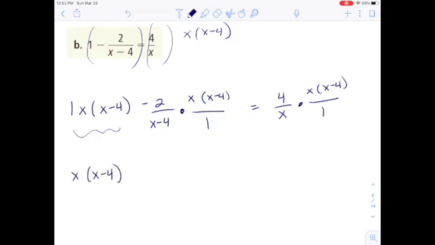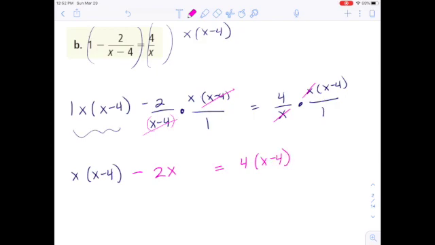And you have x times x minus 4. And what you can do is simplify a little bit. You have a common factor in the numerator and denominator there as you multiply across. So that term would just be a negative 2x. And across your equal sign, you'll have a cancel out of the x terms, and you're left with just 4 times x minus 4.